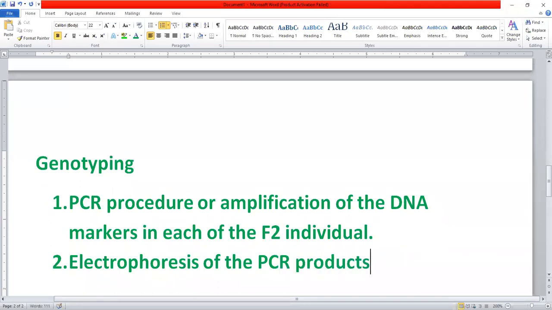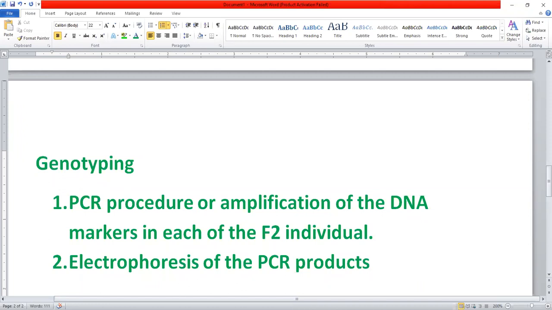The obtained PCR products are separated on the basis of their sizes by electrophoresis, a procedure in which a gel is used for loading the PCR products, and then electric voltage is applied, and the PCR products move according to their sizes.